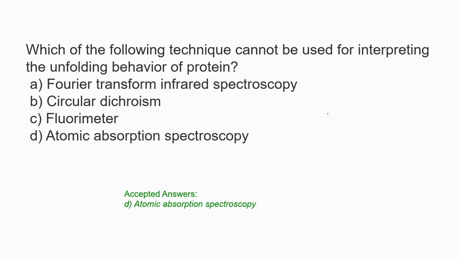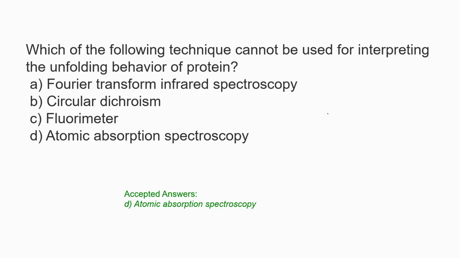Similarly, circular dichroism, using polarized light, detects the changes in the structure of a protein that changes during folding and unfolding behavior of the protein. That can be also detected by circular dichroism.